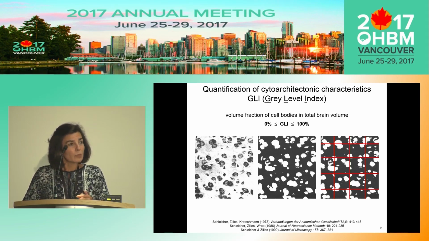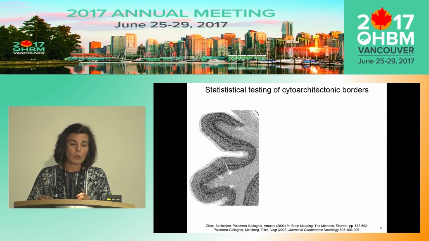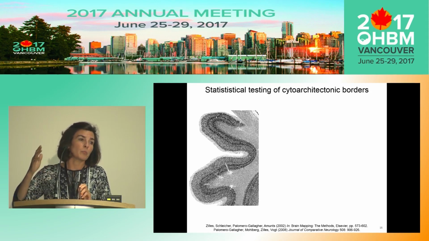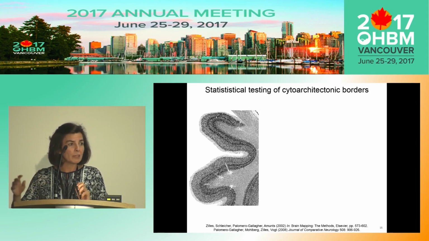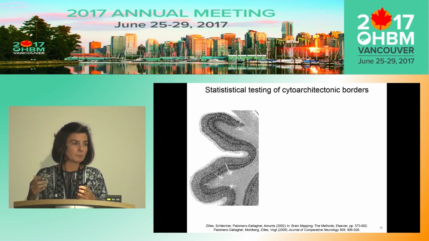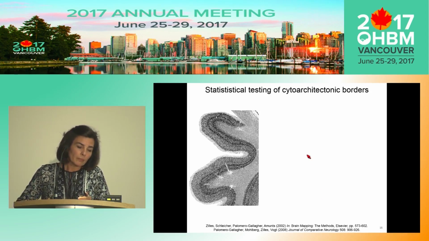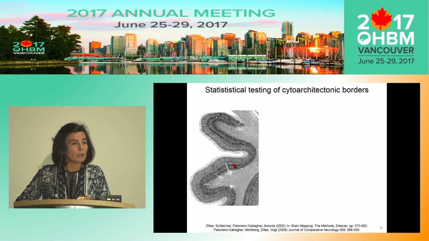The second aspect of this observer-independent mapping is that we can also test the position of borders that we've identified for statistical significance. The image shows a coronal section through the subgenual portion of the cingulate gyrus, again, a cell body staining.